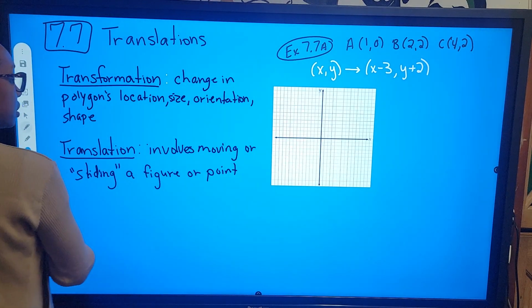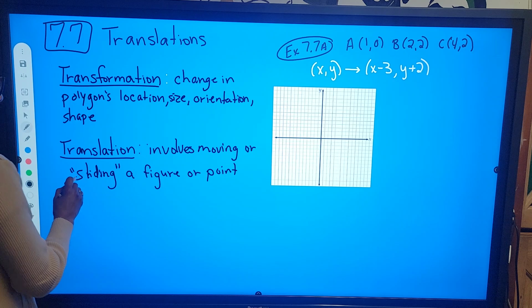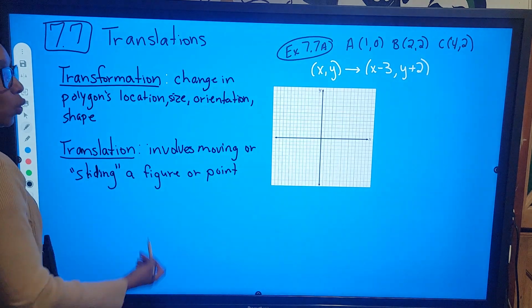So we're going to say it involves moving or sliding a figure or a point.